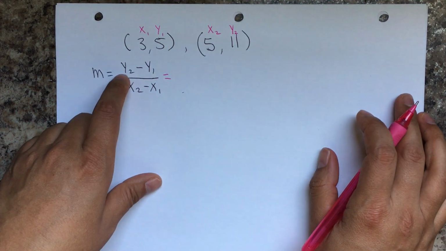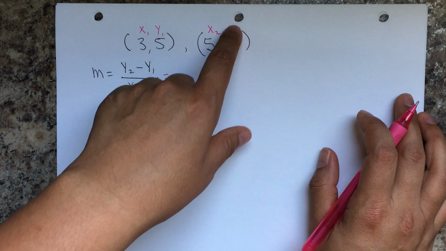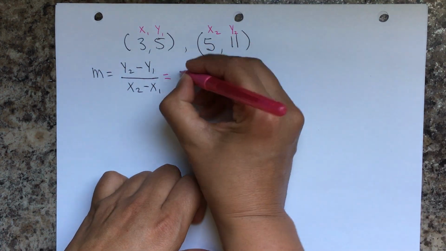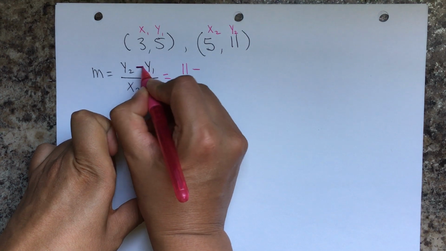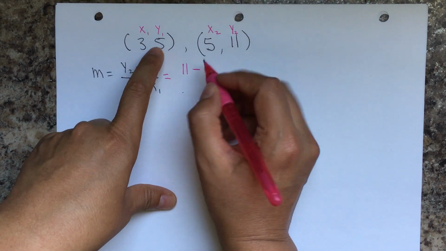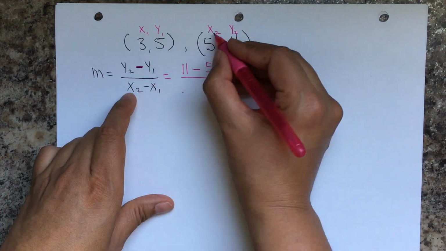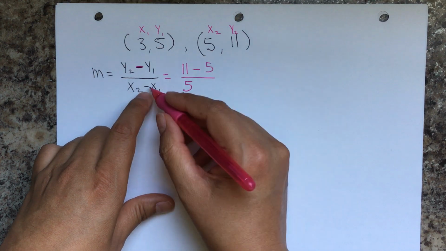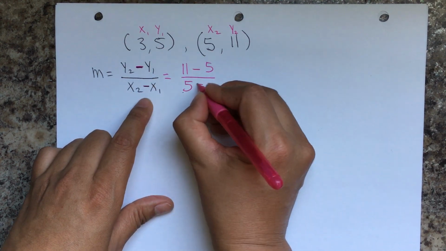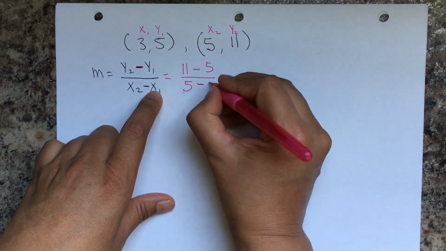So y2 minus y1, y2, that's 11, minus from the formula, and then y1, which is 5, over x2, that's right here, which is 5, minus from the formula, and then x1, which is right here.